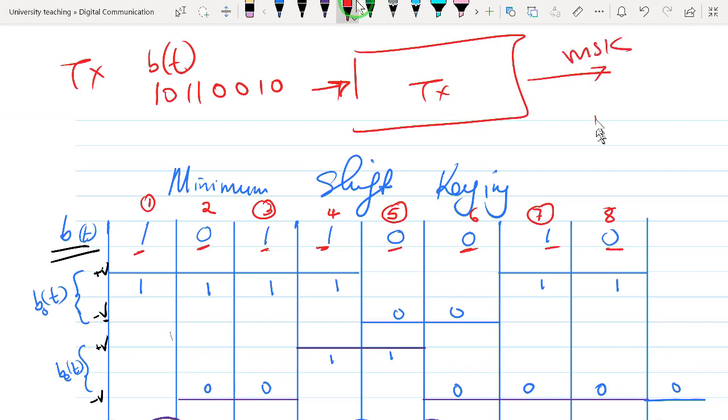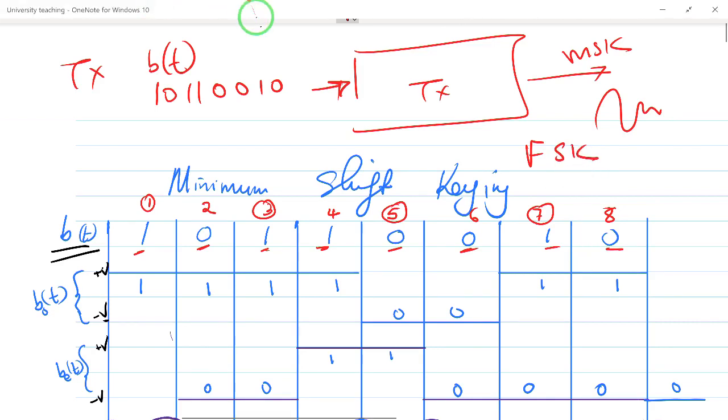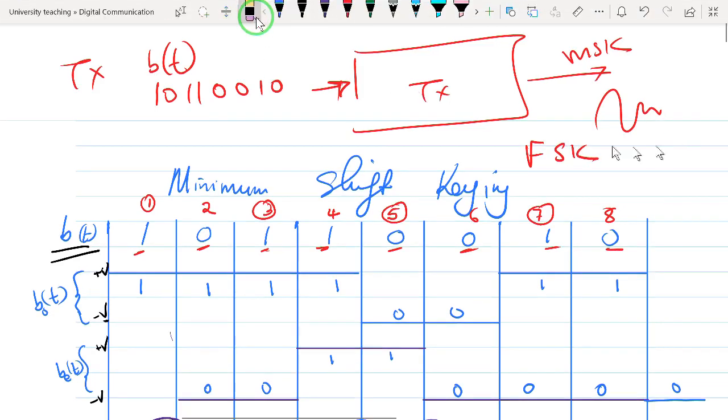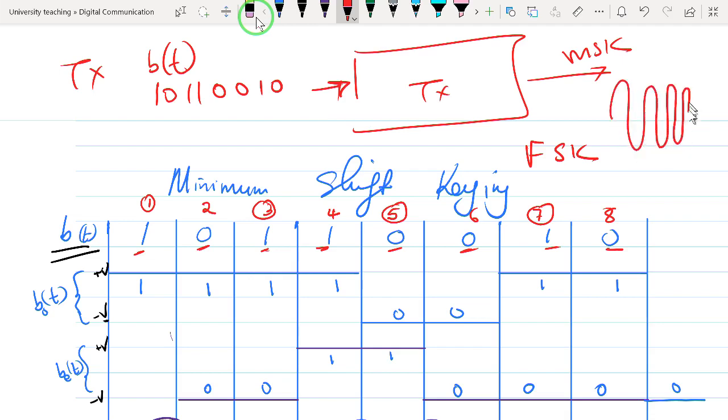An MSK signal will be in the form of a wave that is not discontinuous, but it is a form of frequency shift keying. This means that we are going to have a carrier signal whose frequency is changing, but not with discontinuity. Sometimes it increases, sometimes it decreases.